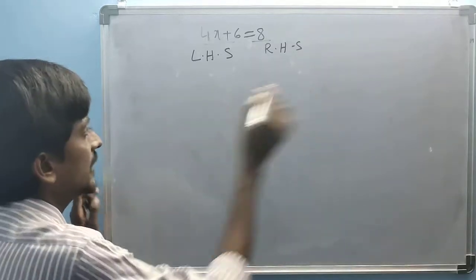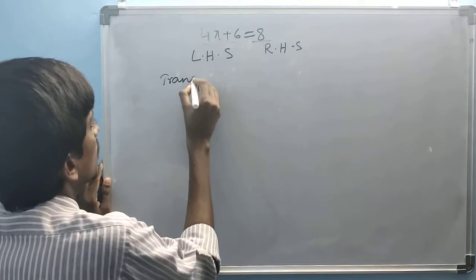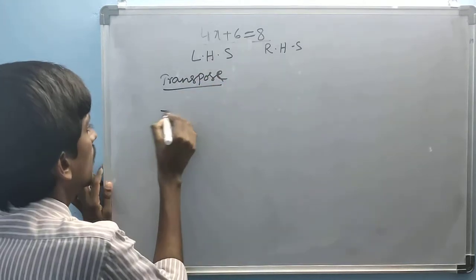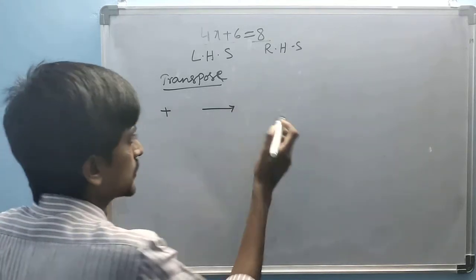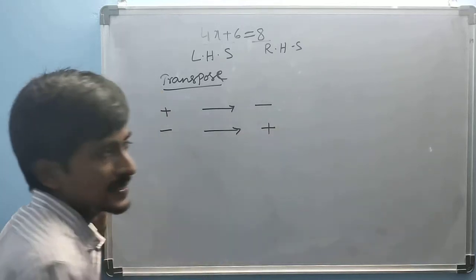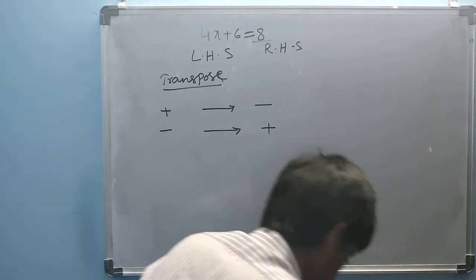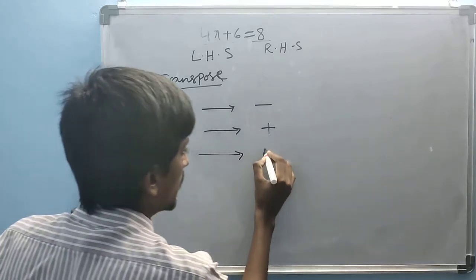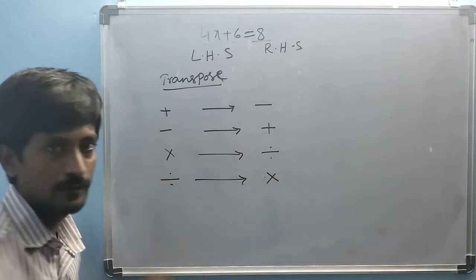Okay. For example, in the equation, transpose. How to transpose? Plus transferred to the other side becomes minus. Minus transposes to plus. Multiplication transposes to division. Division transposes to multiplication.